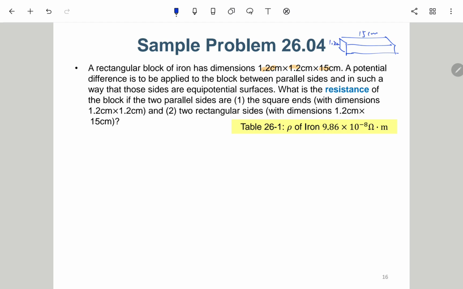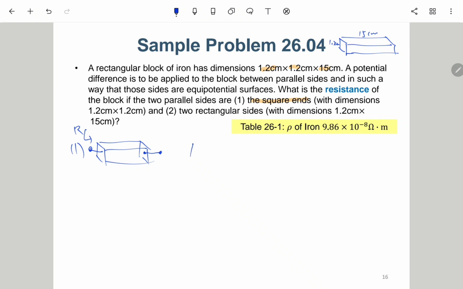So we will try to use it for the first case, the two square ends. For the first case, we use it like this, and we try to see what the resistance is.